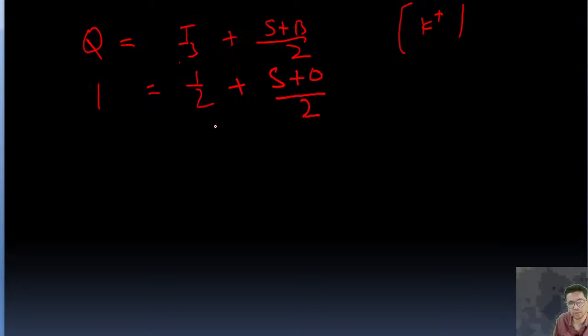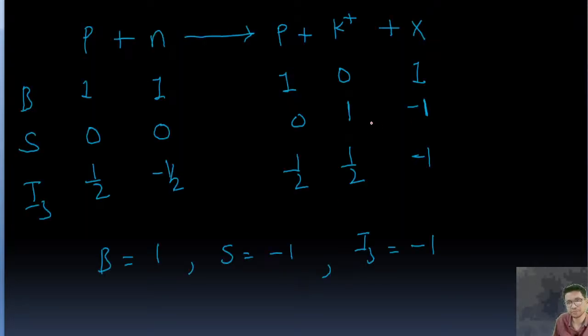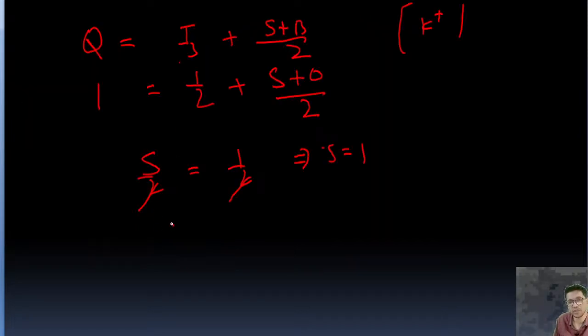So this is going to be S by 2 equal to half. Half will go there. 1 minus half means half. The halves will cancel. The value of S is going to be 1.